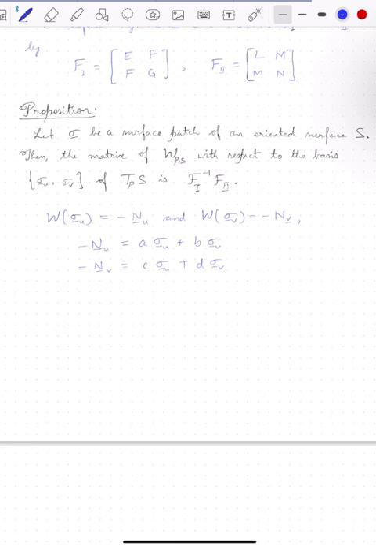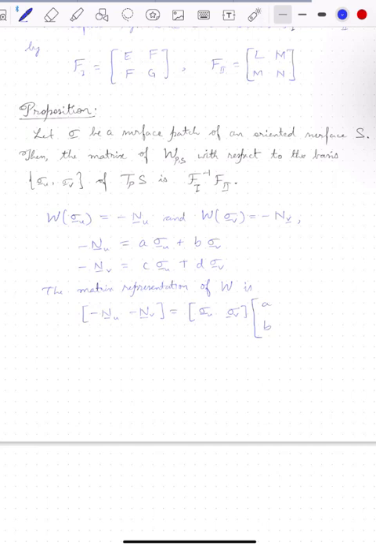So this implies that the matrix representation of W is given as: we can write this down in the following manner, minus nu vector and minus nv vector is equal to sigma u and sigma v, and then we have a, b, c, d.